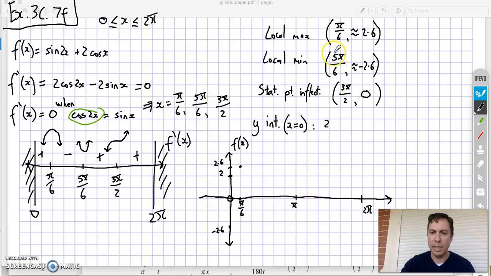The minimum is at 5 pi on 6. That's here, 5 pi on 6, and that point is down approximately here, so there's a minimum. This is a maximum. And halfway between pi and 2 pi, we've got 3 pi on 2, and that's going to be a stationary inflection.